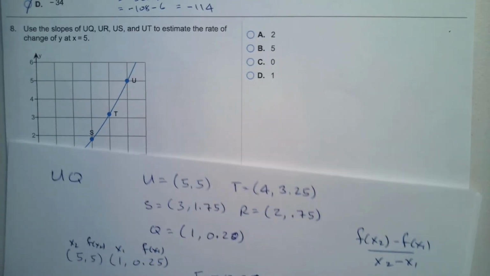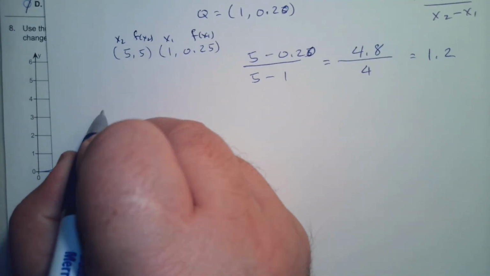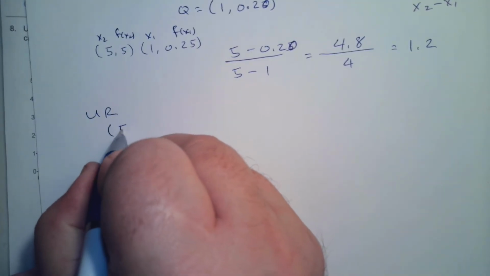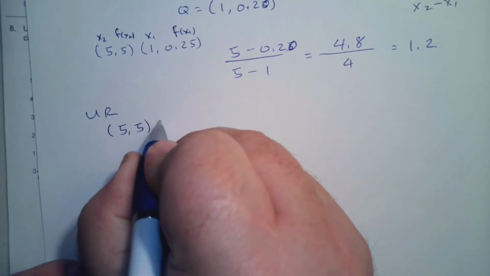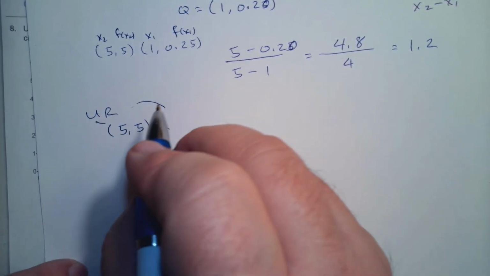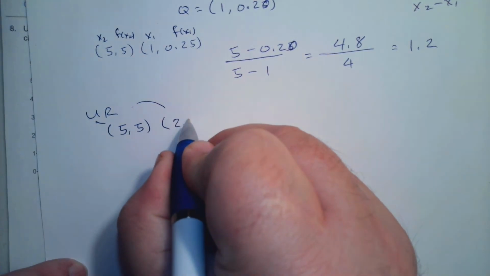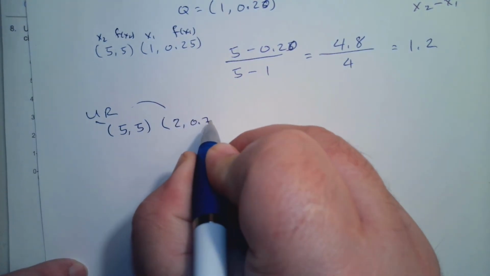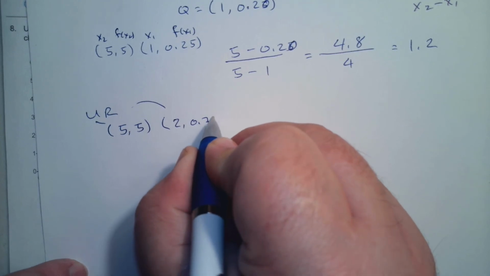The next one I've got to look at is UR. So this is U, and R is at 2, 0.75.